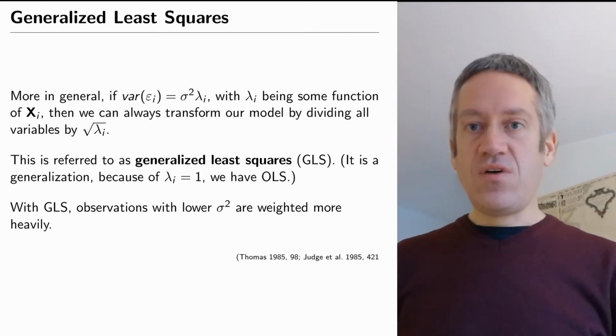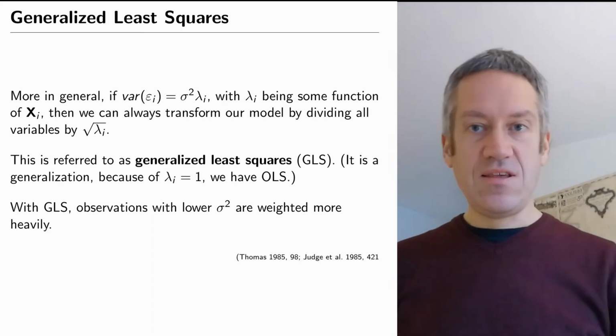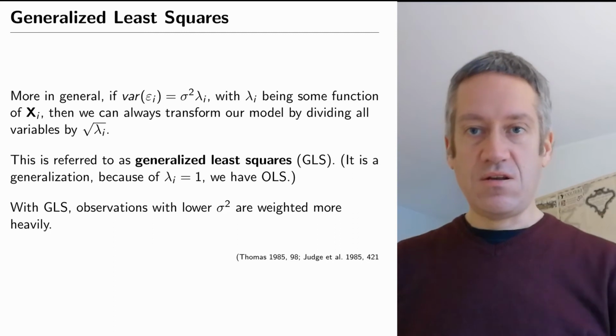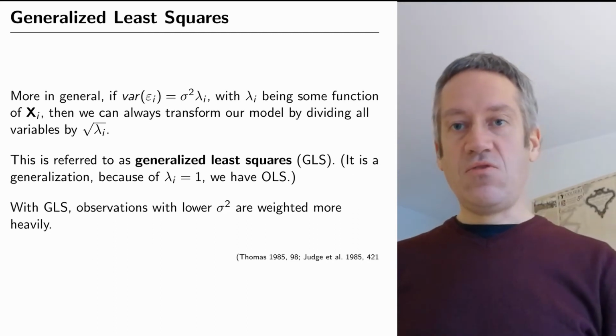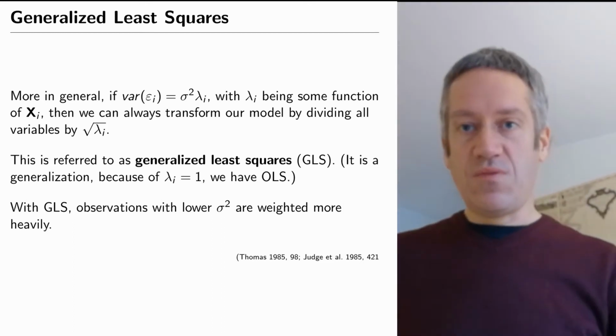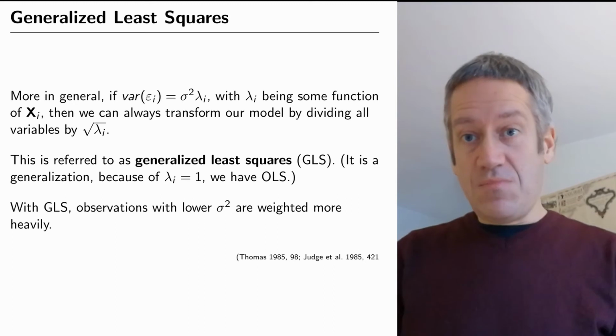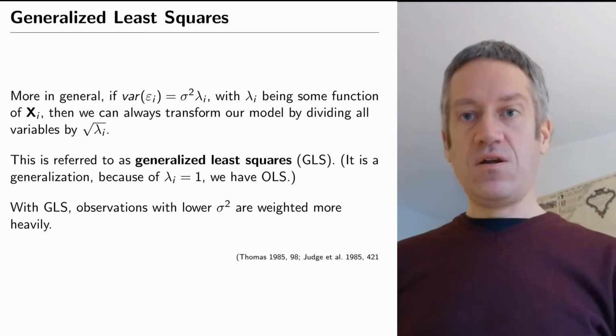For example, if I know that my data set contains averages, so imagine I have data on every province in a country, and I look at average income in each of these provinces as one of my variables. This average is a mean, calculated for each province separately.